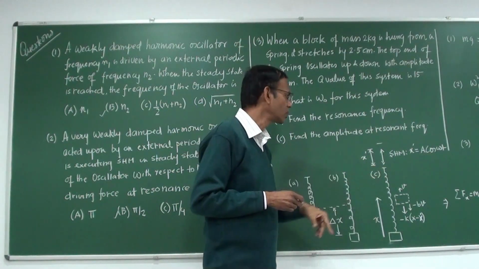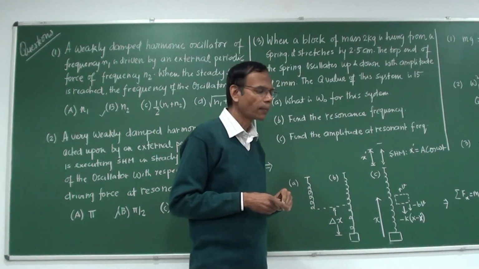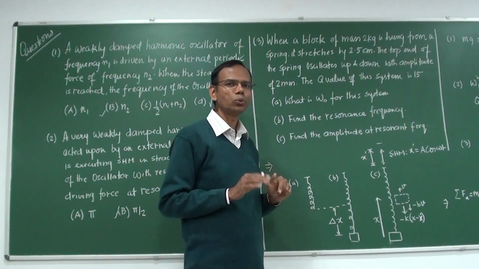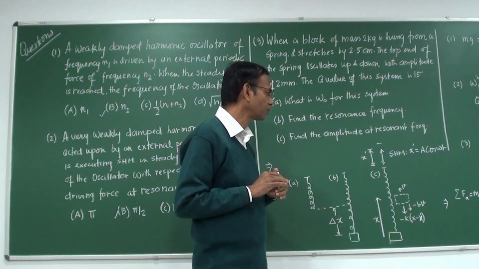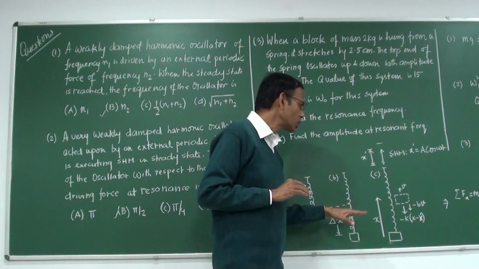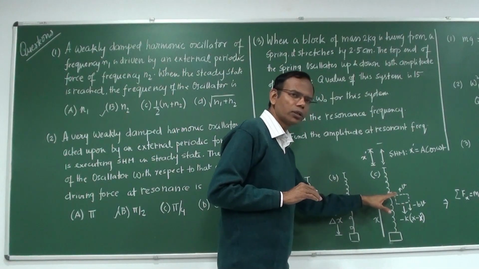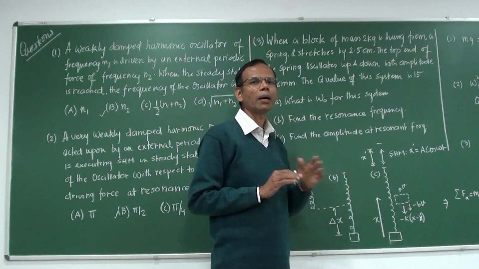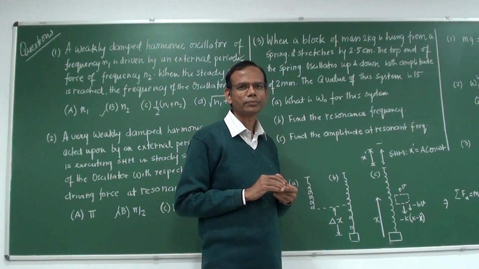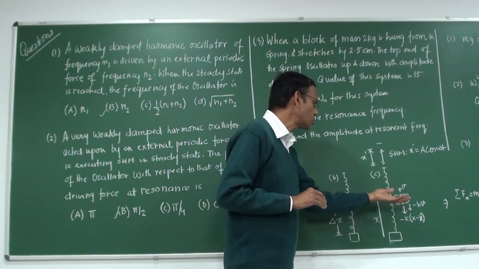That is a problem. So m into a you cannot do. What you have to do is a little bit typical, but one has to think. You have to take the block, and on the block basically you have to apply the force. So all the forces you have to show on the block.